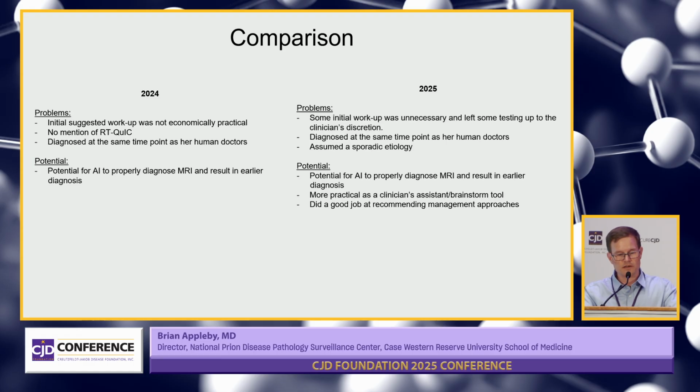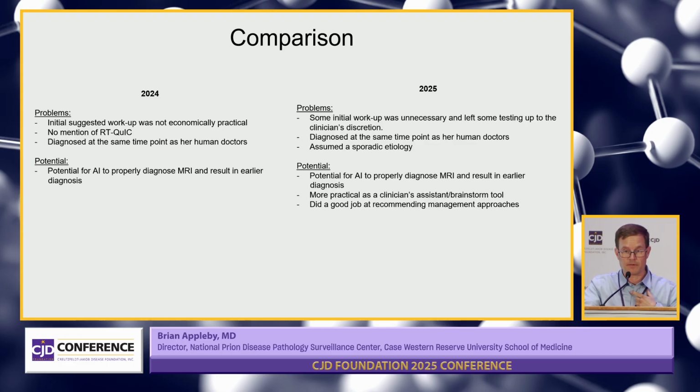So this year, some of the initial workup was unnecessary, but not nearly as bad as it was last year. But there was a lot of "the clinician may want to consider this or that." So a little bit loosey-goosey. But again, it's mainly as a guide. Again, it was diagnosed at the same time point that her doctors diagnosed her.